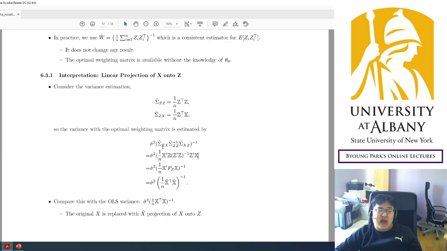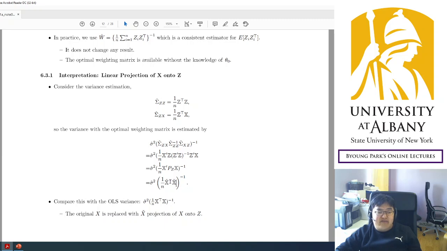So zx, zz, it looks pretty familiar, and in the middle is the projection matrix onto z, right? Do you remember? It is the linear projection matrix. So you may interpret the variance matrix estimator in this way, right?